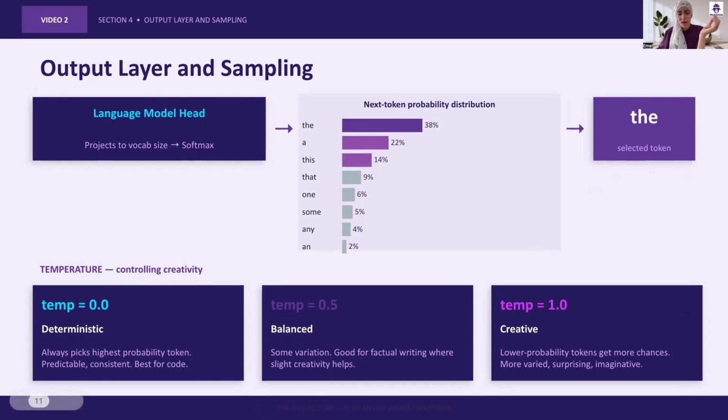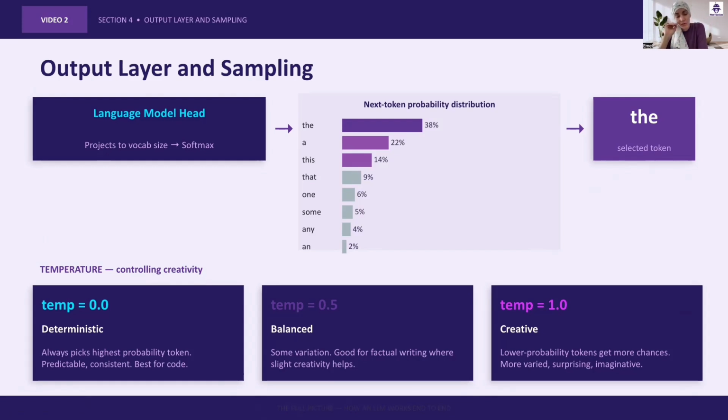Temperature. At higher temperature levels, lower probability tokens get more of a chance, which makes the model more creative. For example, it could be used for creative writing.